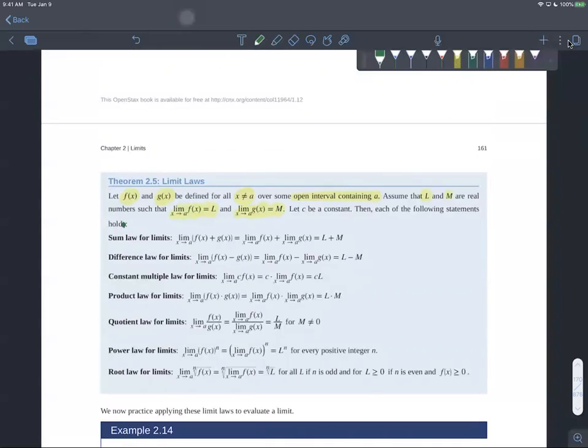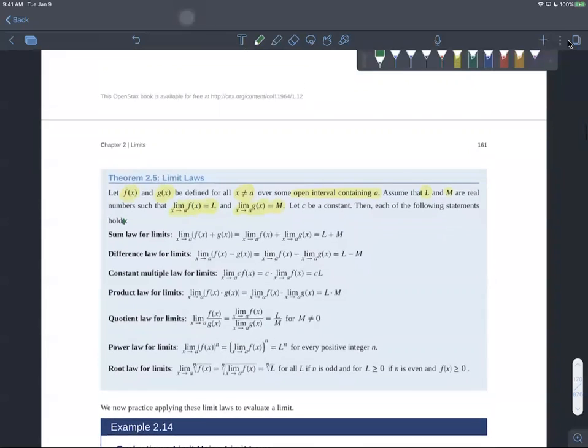Okay, the sum law for limits, and maybe I'll write a couple of these down. Basically, how do you find the limit? From algebra, you can take a function and add it to another function, and these two functions added together is a new function. So if this is now a new function, the sum function, what is the limit as x approaches a of this sum function?